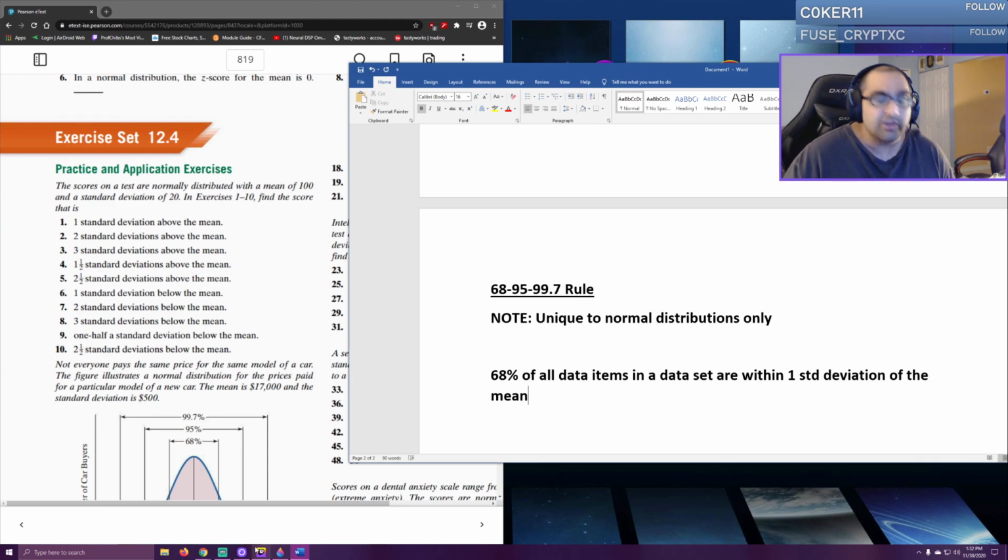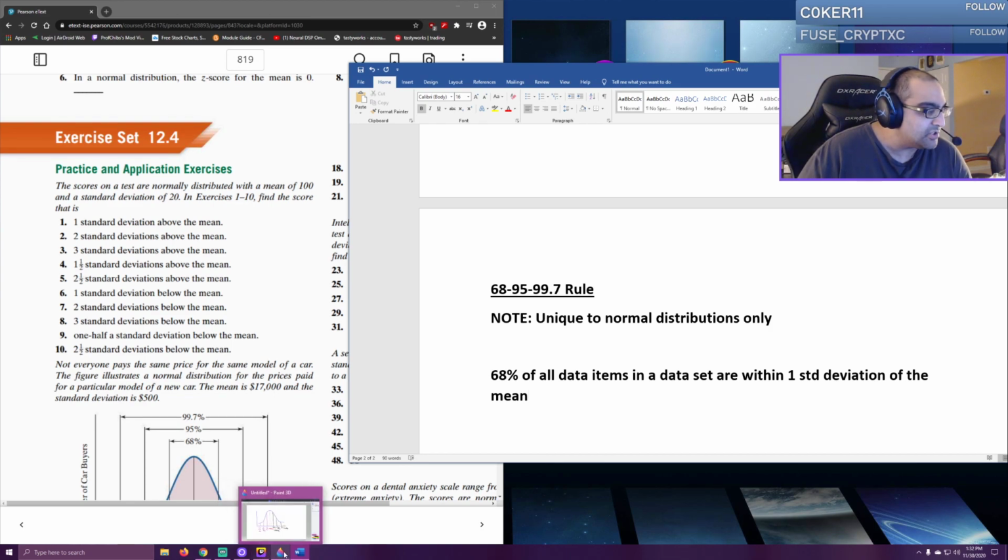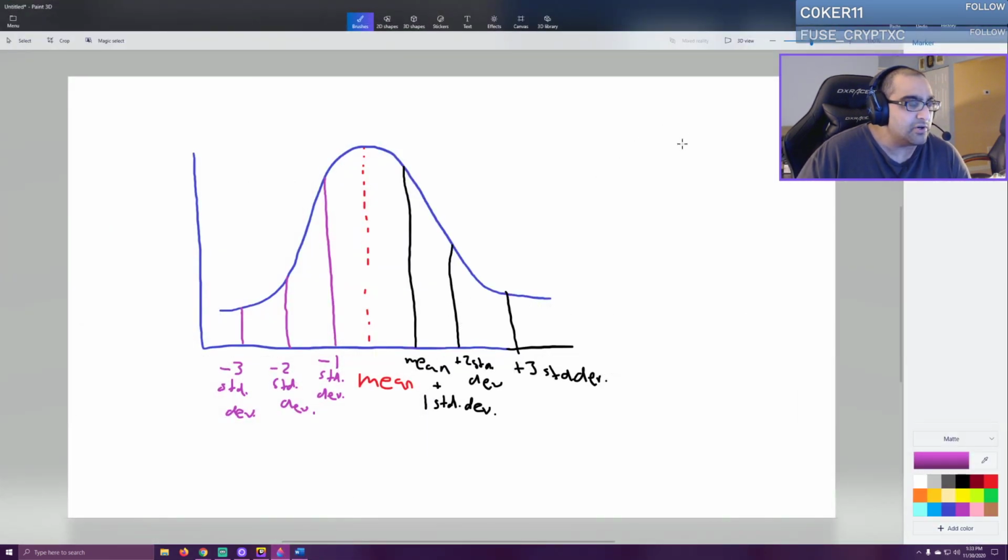Well, let's look at a picture and put it on the picture that we had made earlier. This is our picture of the normal distribution, with our markings on it. From here to here, this area marked in red represents the 68%.